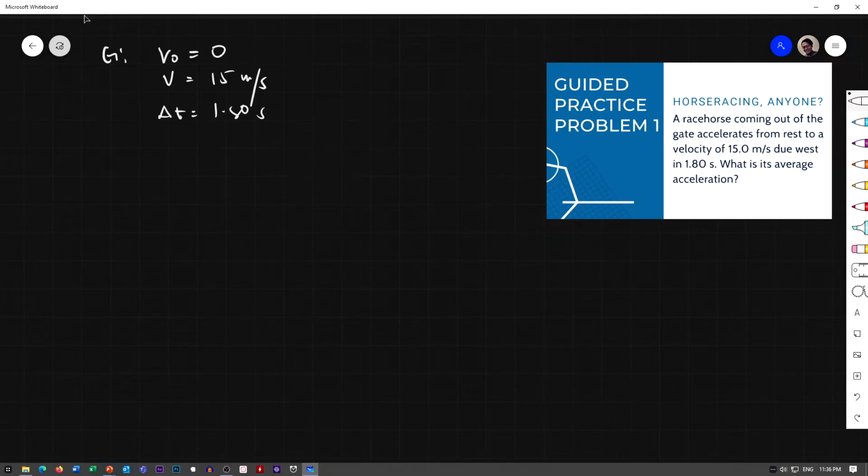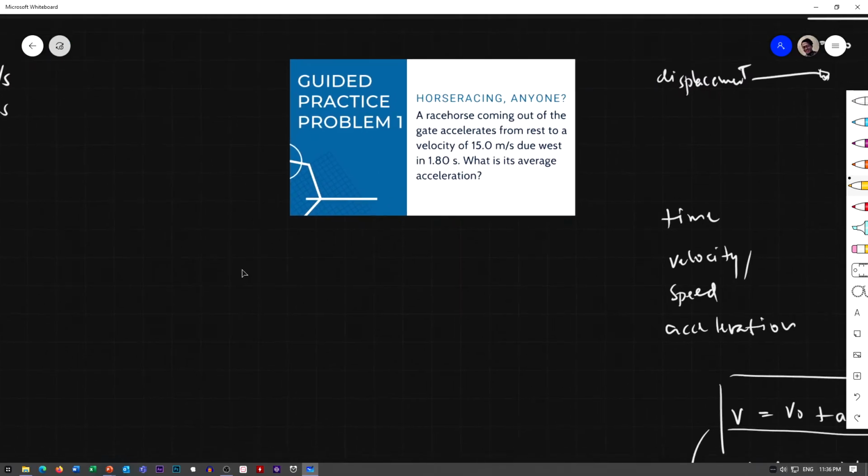And then for our required, we have acceleration. As you can see, this is what I'm referring to. Upon writing your problem, you should be able to see these variables. You line them up nicely so you can see them, and then cross-check with the table. So you have v sub 0, v, delta t, and a.